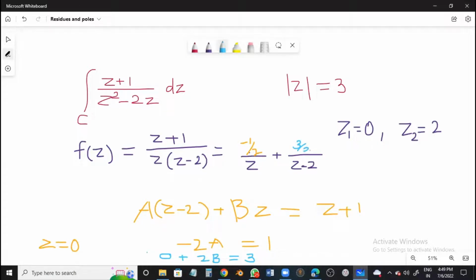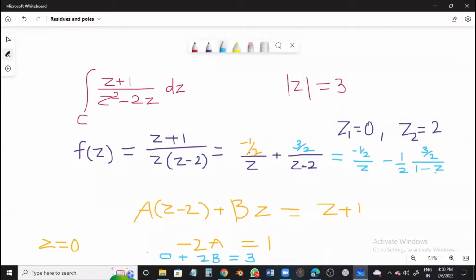Now can you expand this anyway? So 1 by Z will stand as it is. You can't expand it. So minus half upon Z stands as it is. Talking of this particular term, I have to take minus 2 common. So I'm writing this as minus half, numerator 3 by 2 as it is, I didn't touch it, and this is going to be 1 minus Z by 2.